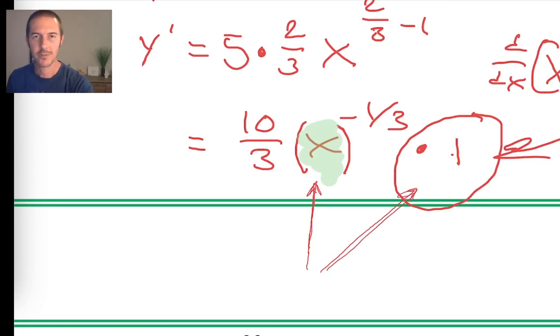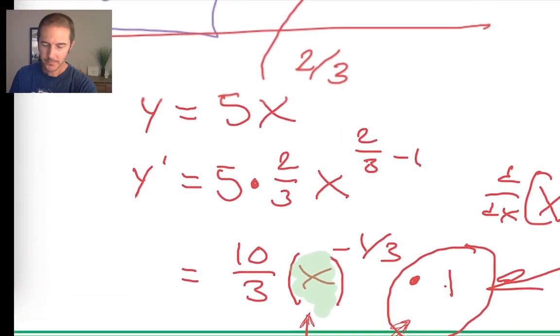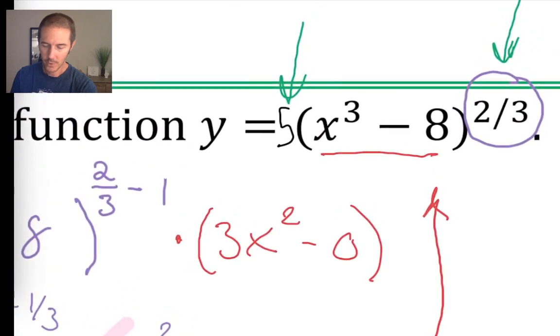So the fact that we've been skipping it all along didn't really matter. However, when your inner function is something other than just x, then we must tack on that extra process at the end of multiplying by the derivative of the inner function.